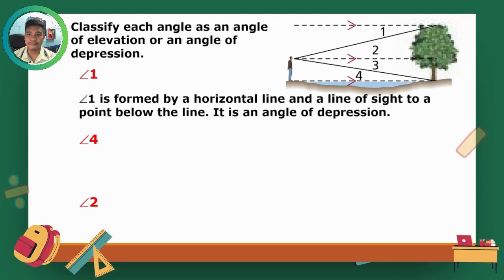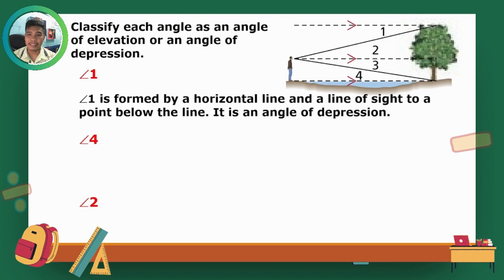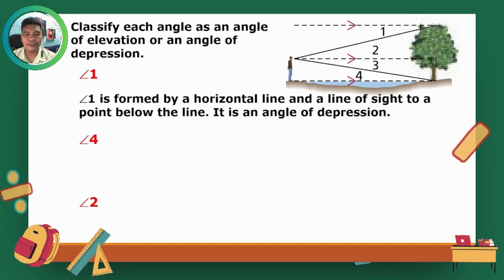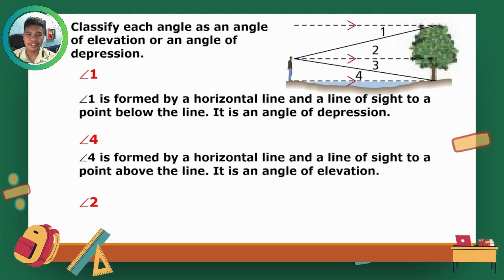Let's have angle 4. Again, the broken line with angle number 4 is our line of sight. As you can see, angle 4 is above the line of sight. Therefore, we consider angle 4 is formed by a horizontal line and a line of sight to a point above the line.